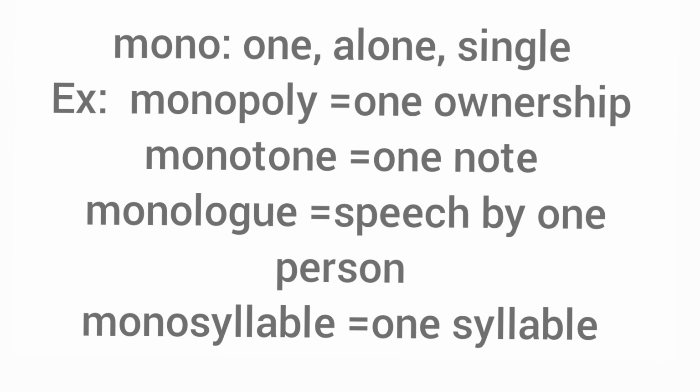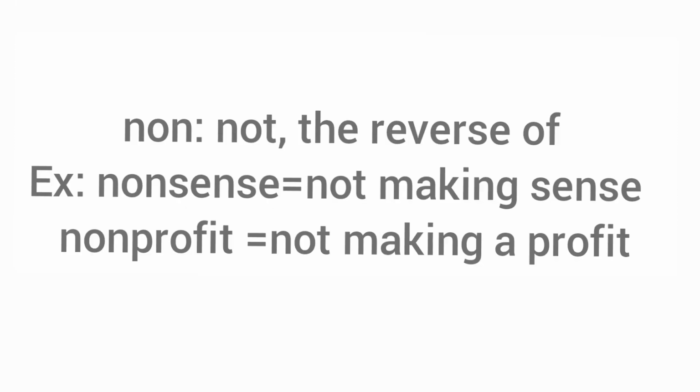Then we have mono, meaning one, alone, single. Example, monopoly, meaning one ownership. Monotone, one tone. Monologue, speech by one person. Monosyllable, one syllable. Then we have non, meaning not, the reverse of.